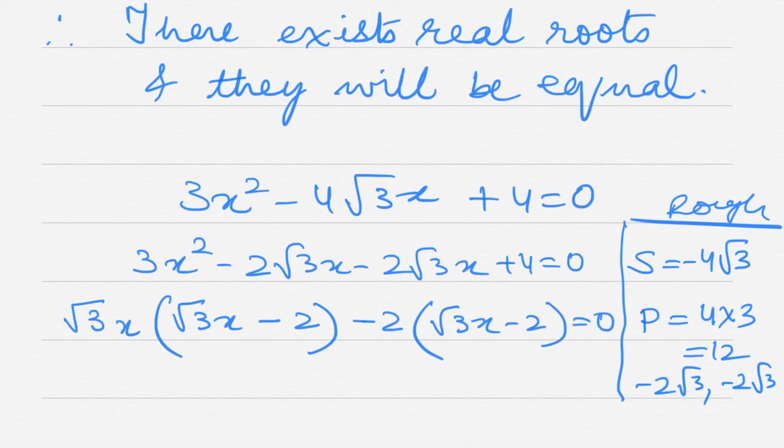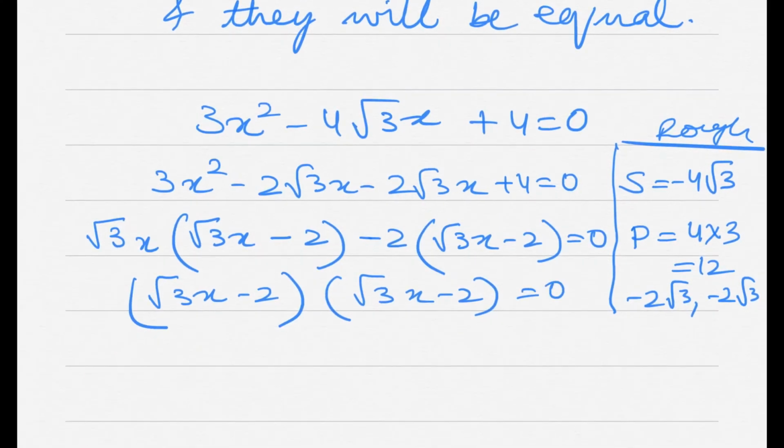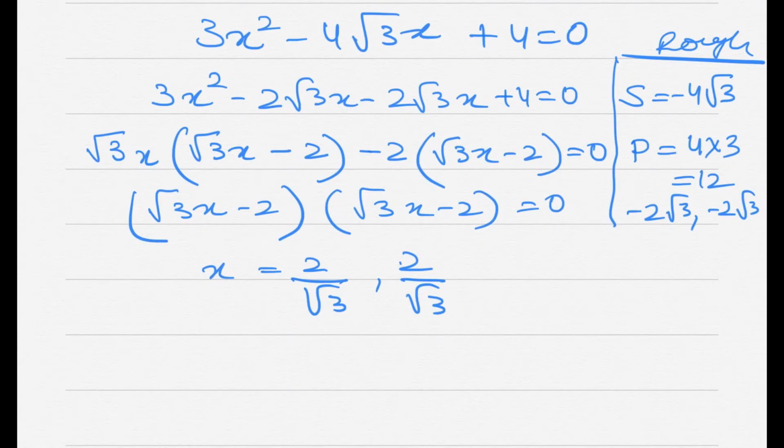So the factors for this equation would be root 3x minus 2 and root 3x minus 2. So my zeros would be x is equal to 2 by root 3 in both cases. If I don't want to keep my denominator irrational, it would be 2 root 3 by 3. So these are my roots.